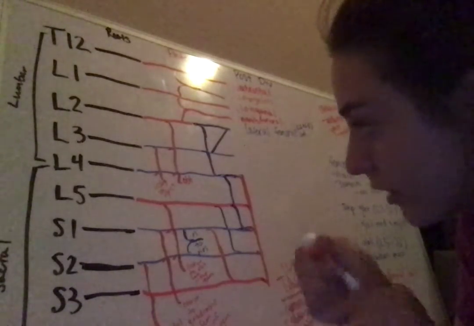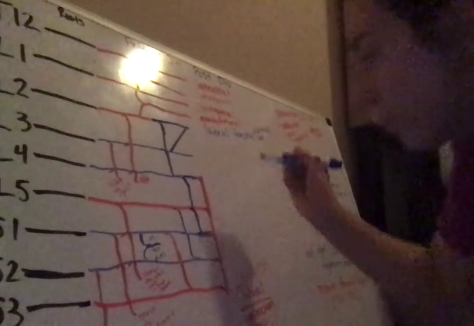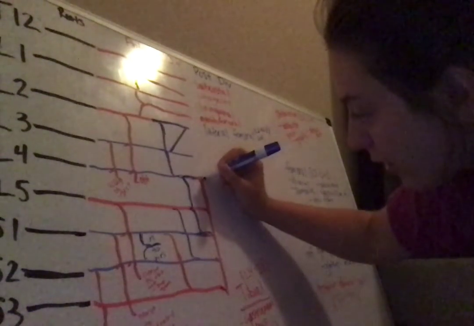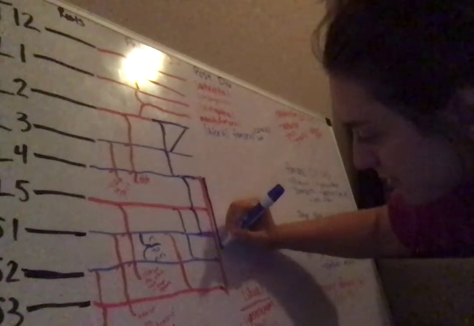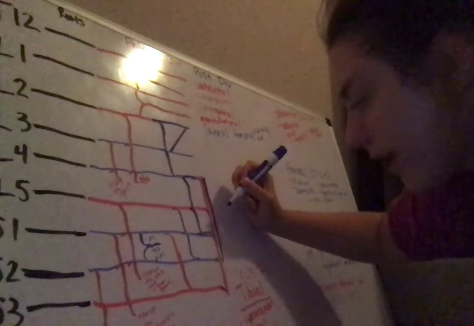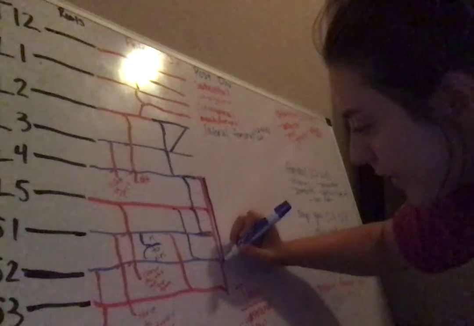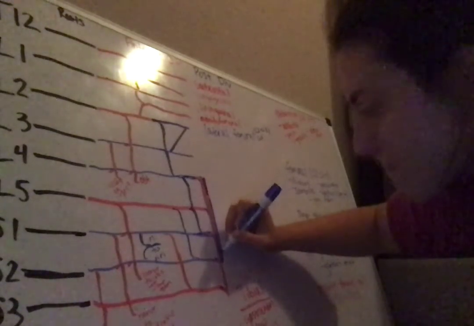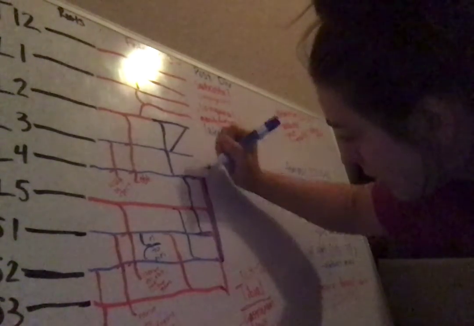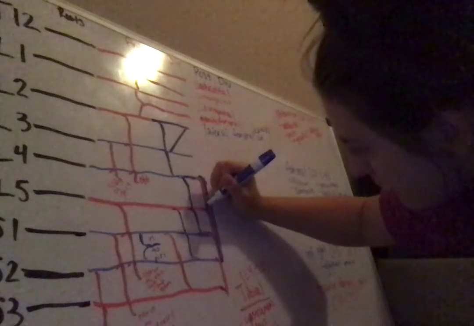Alright, now we'll get into the posterior division. So this goes all the way up from L4 as well, but it stops at S2 right here. So I'll draw some more branches.